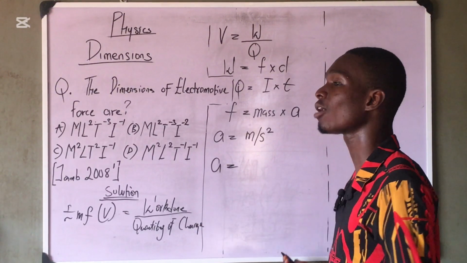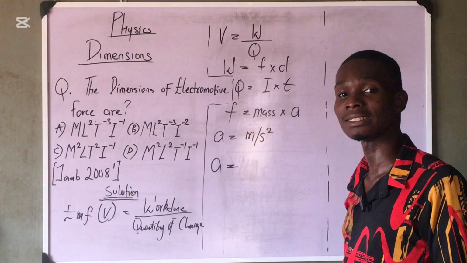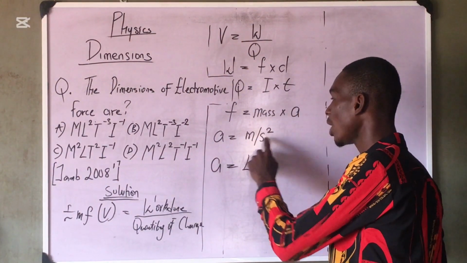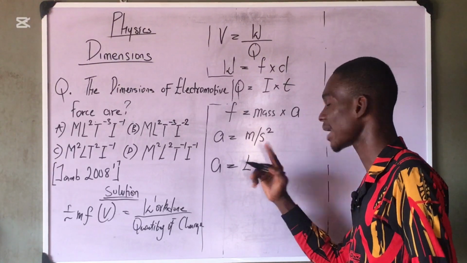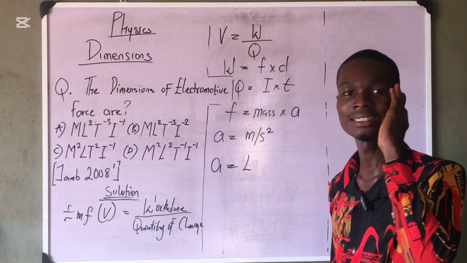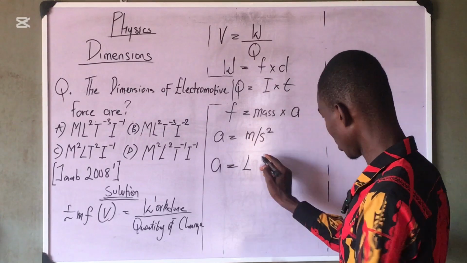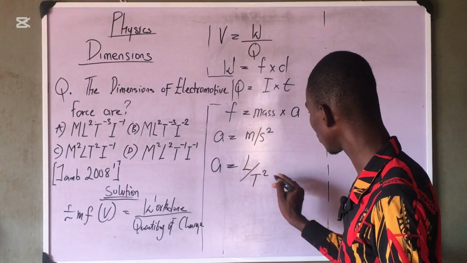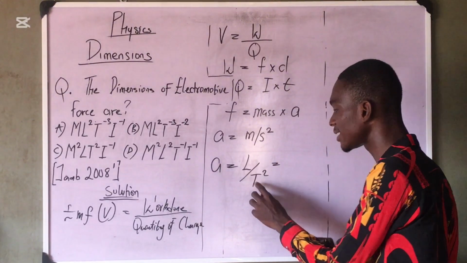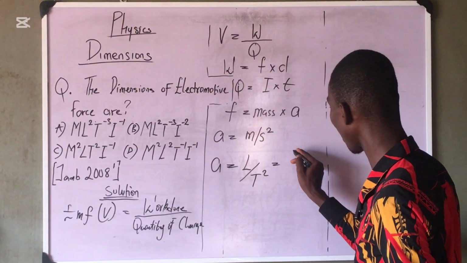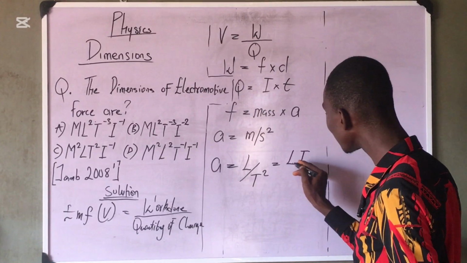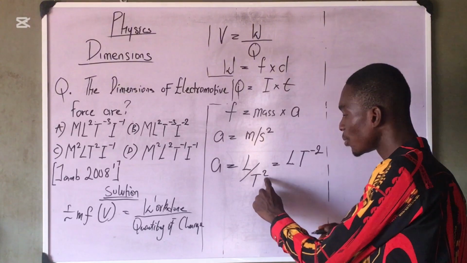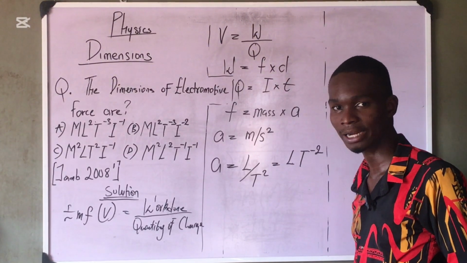And the pattern here is that acceleration is meter per second square, and the meter in dimension is what? Length. When you talk about length, the unit of meter is length, and the dimension is capital L. When you talk about time, the unit S is T in dimension, to have T squared over. When this T raised to power 2 comes up from the denominator, I will have length times time, T, raised to power minus 2, because it has come up to the numerator.